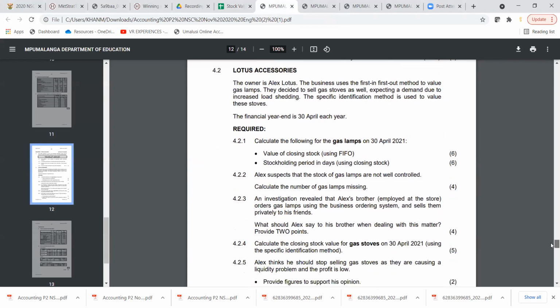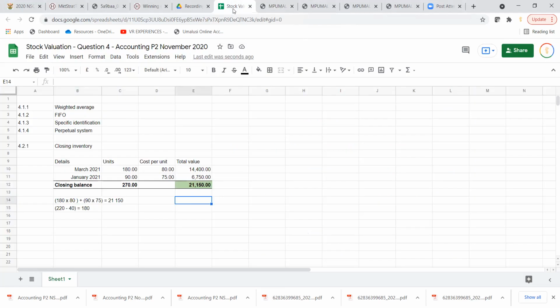There was another one. They asked us for stock holding period in days, using closing stock. So the stock holding period equals closing inventory divided by cost of sales times 365.